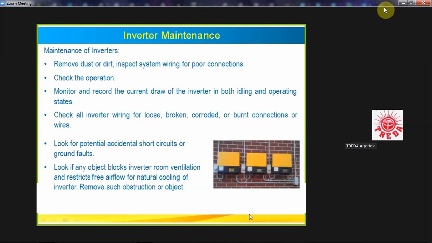Monitor and record the current draw in the inverter in both idling and operating states. Check all inverter wiring for loose, broken, corroded or burned connections or wires. Look for potential accidental short circuit or ground fault. These are the things you have to follow for inverter.